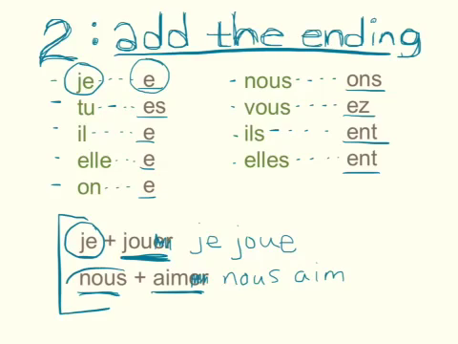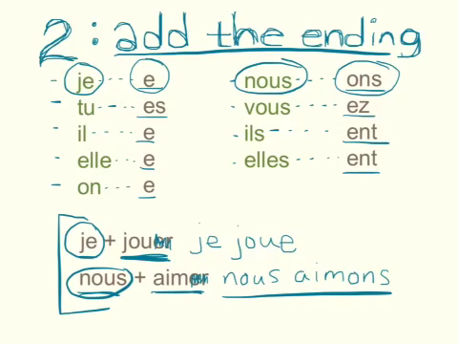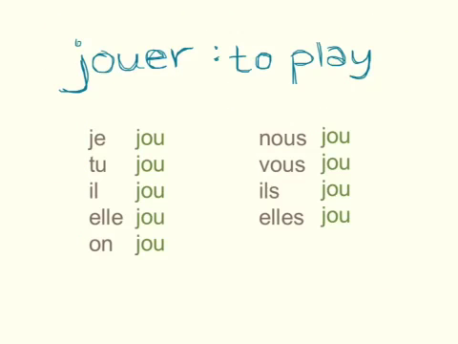And then we'll find nous up here in the list. Find our ending that goes with nous. We get ons. And there we go. Nous aimons. We like.